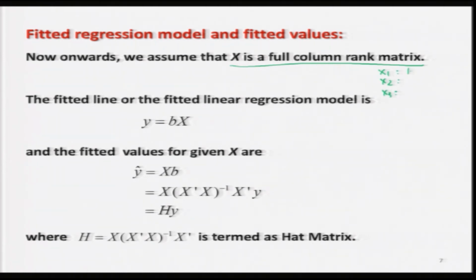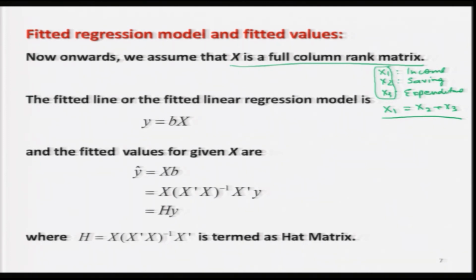Suppose X1 is the income, X2 is the saving from that income, and X3 is the expenditure from this income. Then you know that X1 is equal to X2 plus X3, right. Now, under this thing, these 3 variables, k equal to 3, will not be independent, and the rank will be only equal to 2.